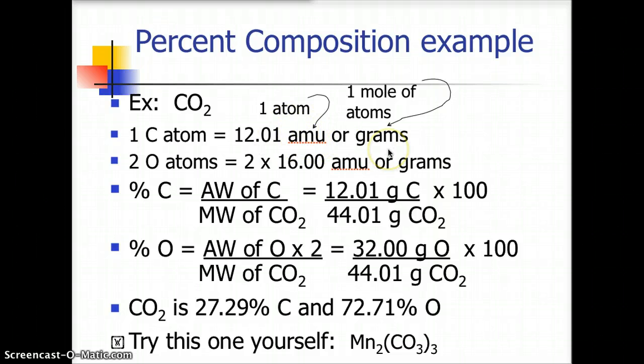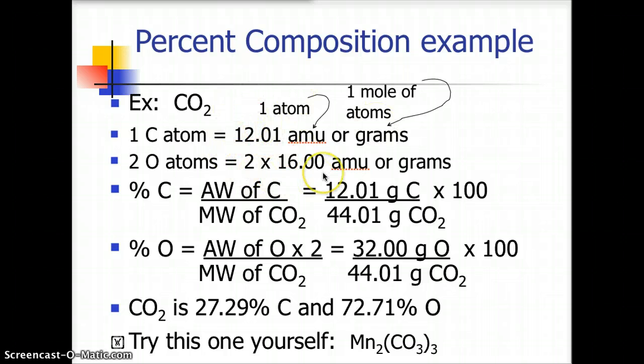We are most commonly going to use grams because that's something that we can work with in the laboratory. Our other element, of course, is oxygen, and there are two oxygen atoms in the formula carbon dioxide. So we're going to take 2 times 16 and again replace with one of the labels at the end, AMUs or grams. So now we're going to take that information.